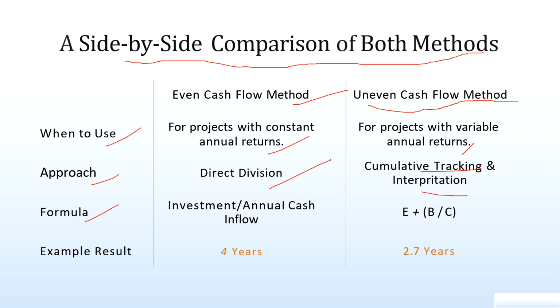The formula of the even cash inflow method is investment divided by annual cash inflow, but the uneven formula is E plus B by C. And next the example result. The even cash inflow method example result is 4 years and the uneven is 2.7 years.